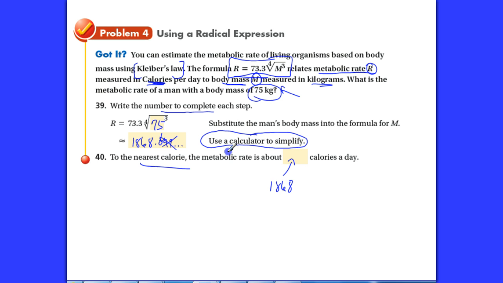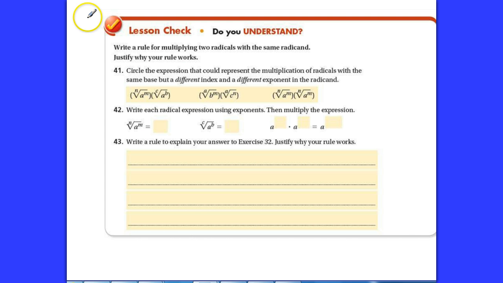So, quick wrap up here. I'm going to skip down to number 42 because this is what I want you to be able to do. If we just use what we learned earlier, you would write that in exponent form, a to the m over n. If we had this one right here, that would be a to the b over c.